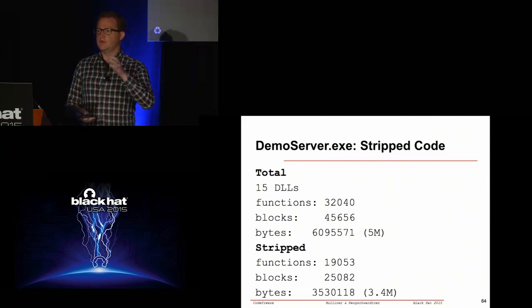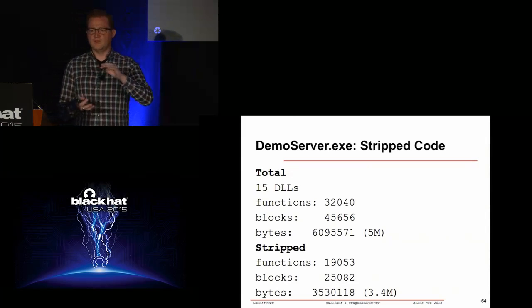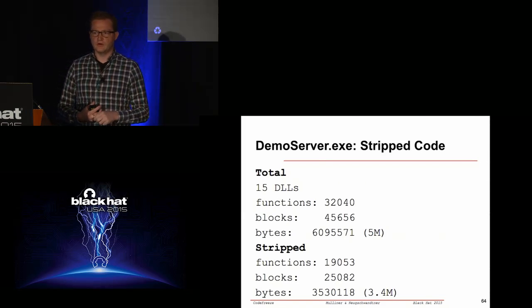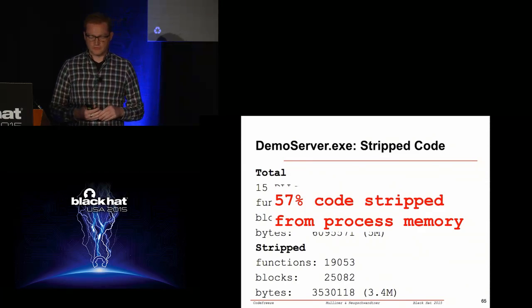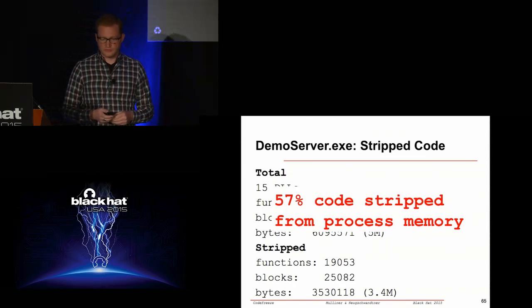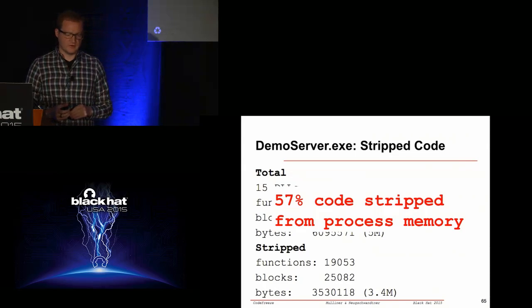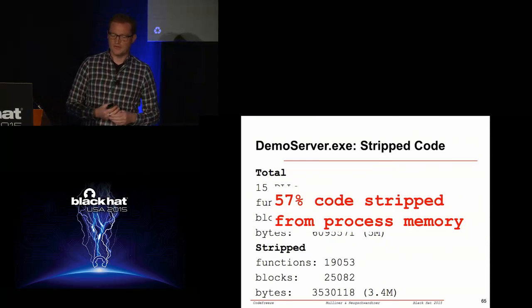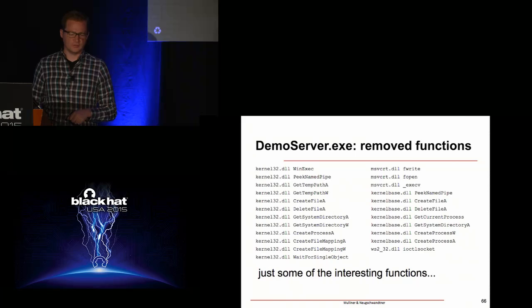If you have some bytes in between different functions, in kernel DLL for example, that's not counted. Below we have the stats of what we stripped. In this case we stripped 3.4 megabytes, which is 57% of all the code from the DLLs loaded into this application.